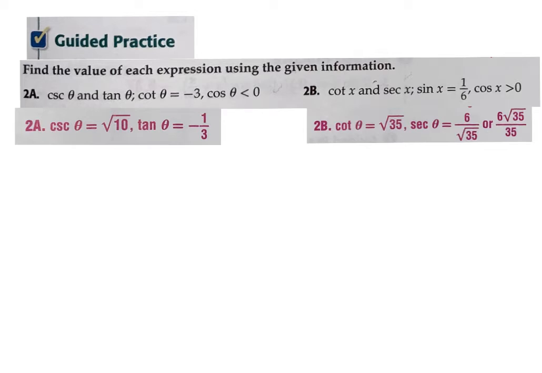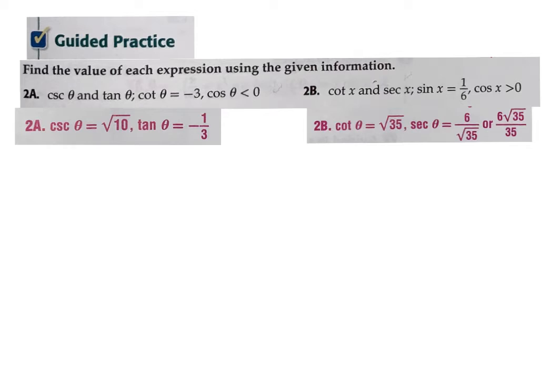Let's look at these together. So they want you to find cosecant and tangent given cotangent and telling you that the cosine is less than 0, all right?